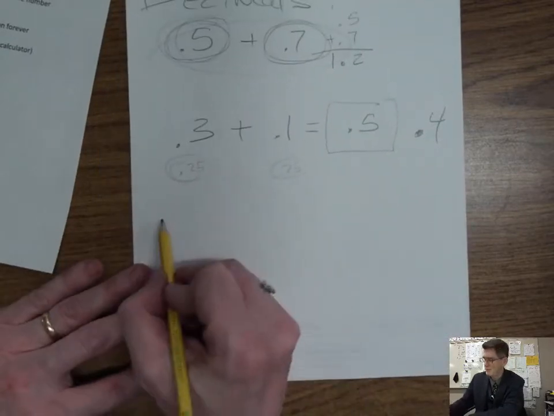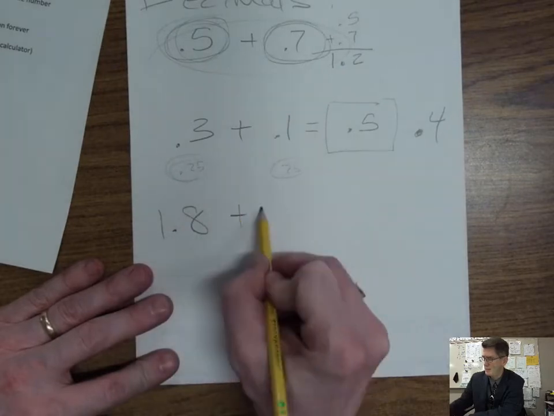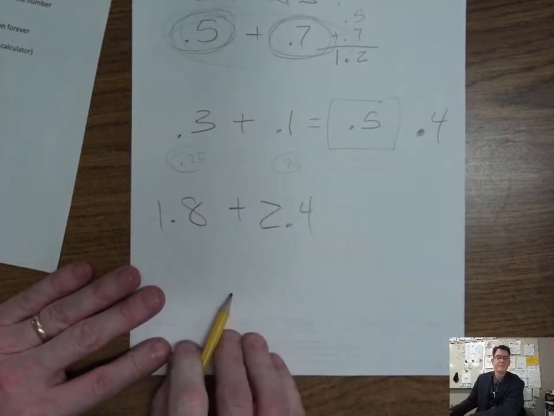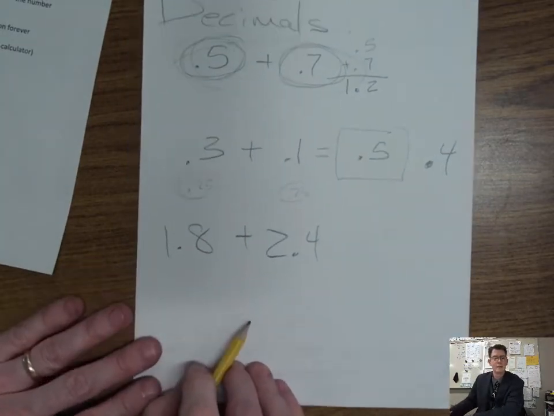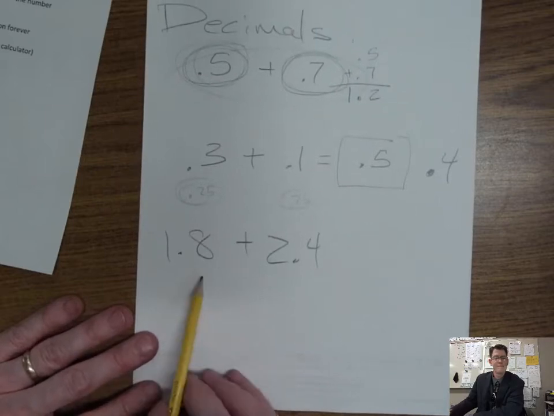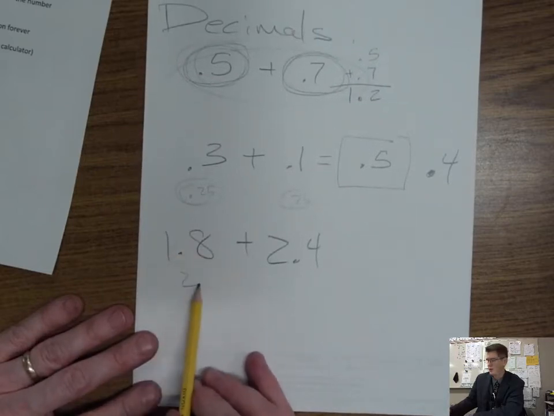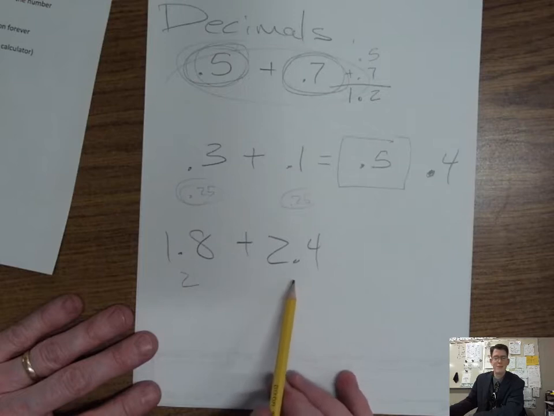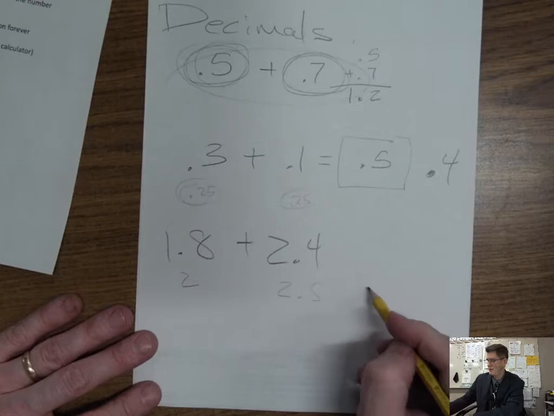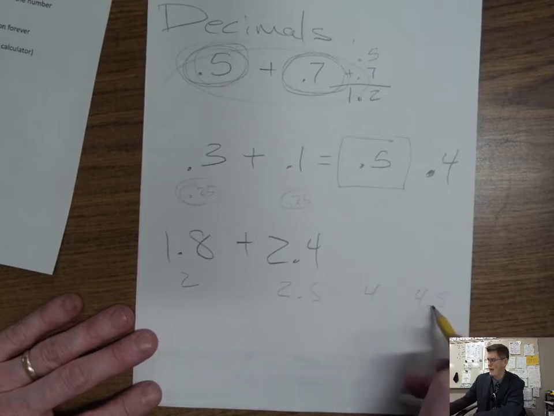For example, 1.8 plus 2.4. Ooh, that's a little rough. This is about 2, and this is about 2, or maybe you'll say 2.5. Either way, you're going to get somewhere around 4 or 4.5, maybe.